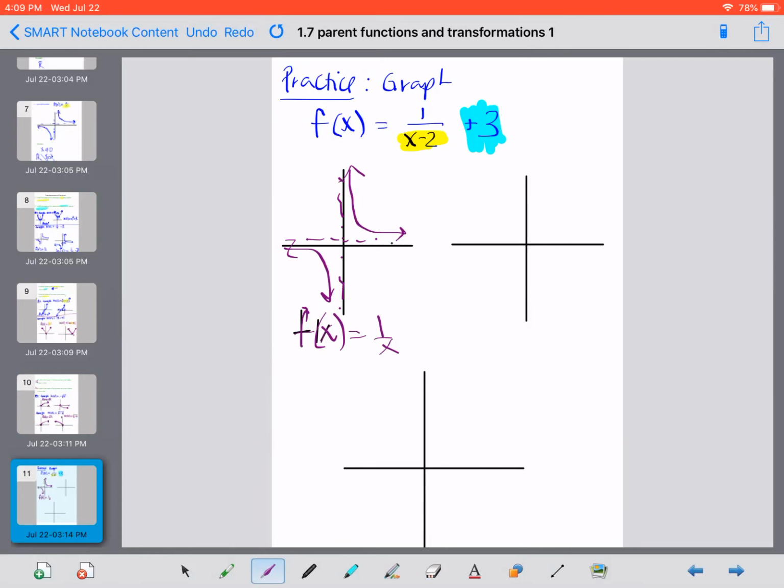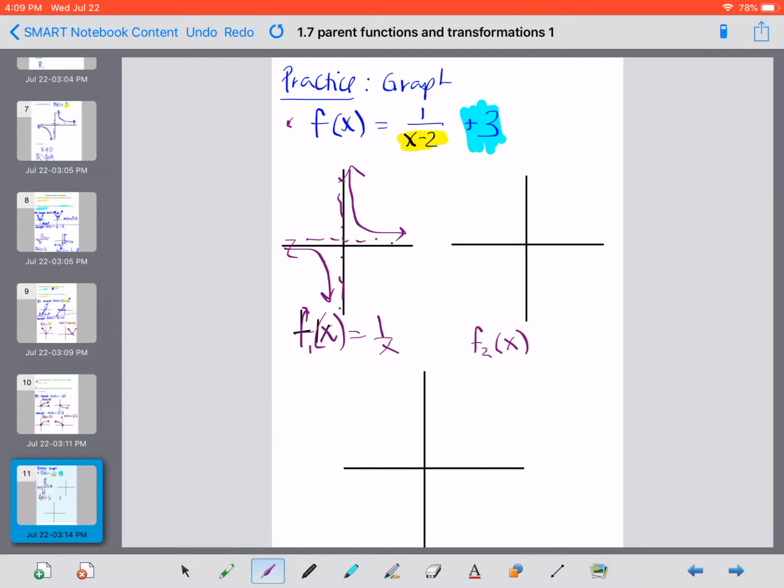Now, I should be careful about calling this f of x, because f of x, we said up here, is the entire function, 1 over x minus 2 plus 3. So I probably shouldn't call this parent function f of x again. We don't want to give two different functions the same name, at least not on the same slide. So I'm going to call this f1 of x, just to say it's a little bit different. We're building up in stages. So that's going to be our parent function, f1 of x.